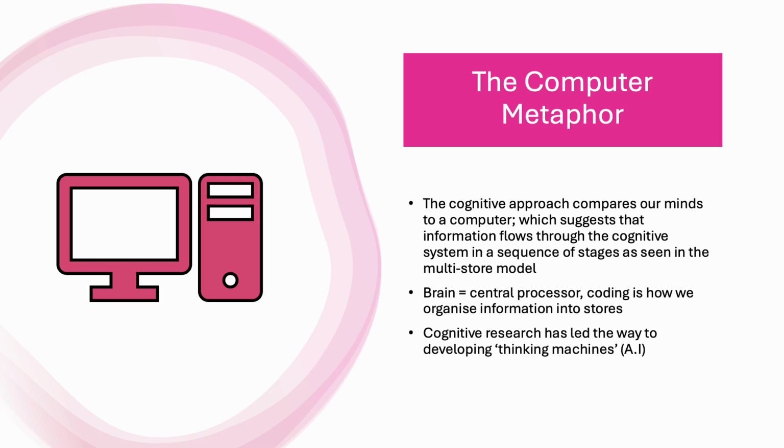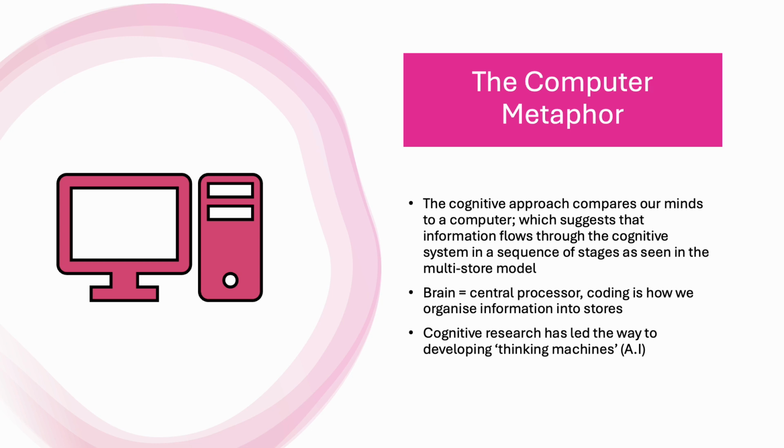So the computer metaphor has really benefited the wider world, the wider economy, through the development of artificial intelligence. This belief that if the human mind is like a computer, then the computer can also be like a human mind. And here we have things like ChatGPT nowadays. So that's all a result of cognitive research, and these thinking machines, things like self-scanning machines at supermarkets, etc.